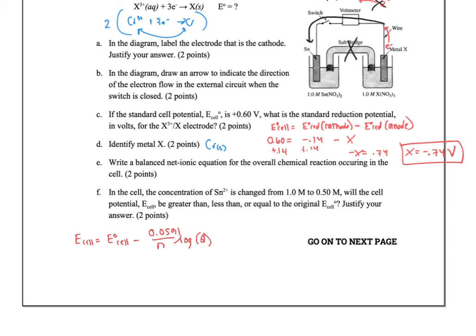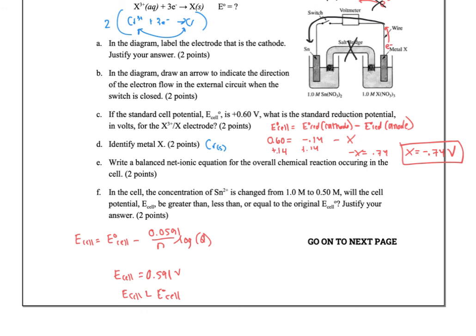So calculating that new E cell, you should have gotten 0.591, which shows that the new E cell is less than the standard. And then again, you're showing your work plugging in, so that is an option.